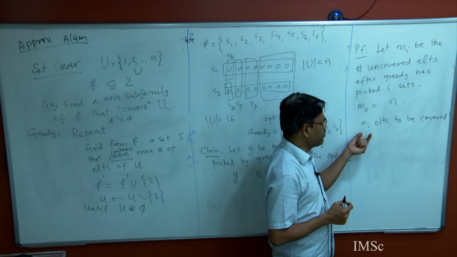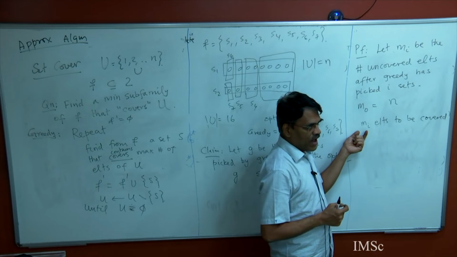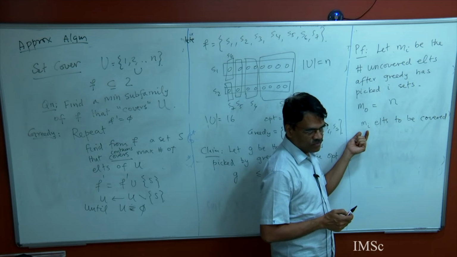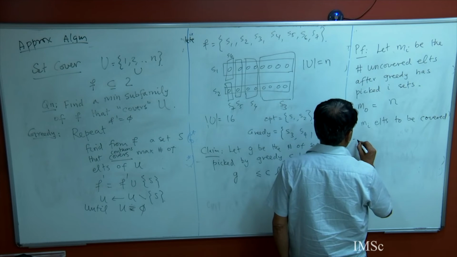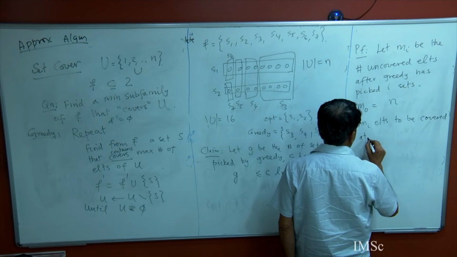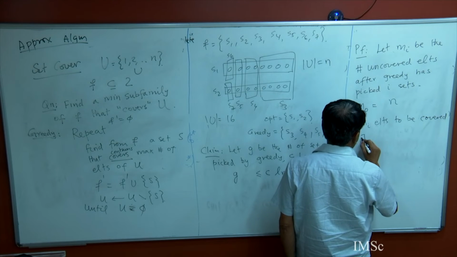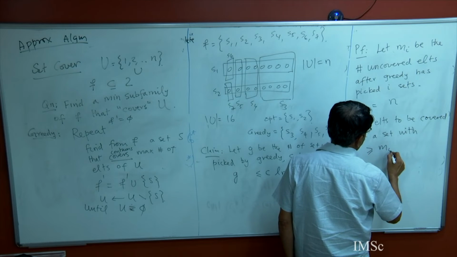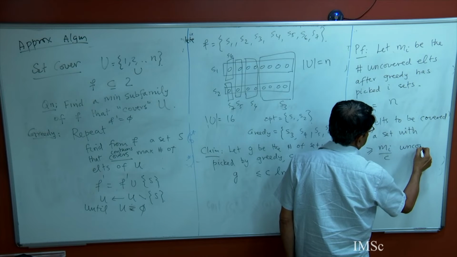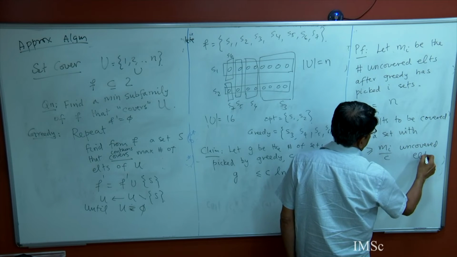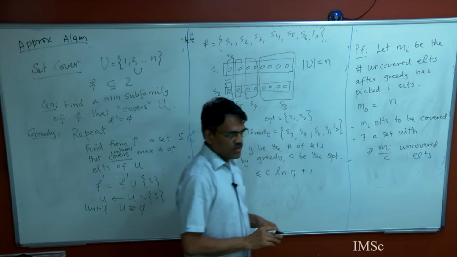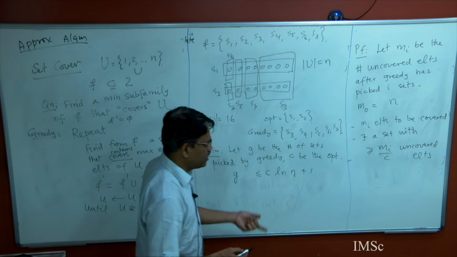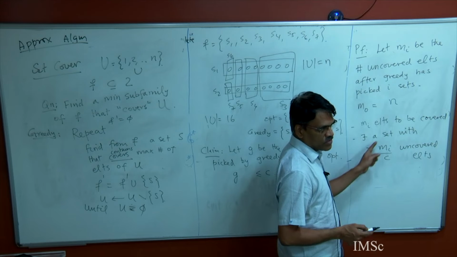So that means one of the sets remaining has size at least Mi by C, right? So there exists a set with greater than or equal to Mi by C uncovered elements, because C sets are enough to cover this. And greedy picks the set with the largest number of uncovered elements. So greedy will cover at least this many elements.